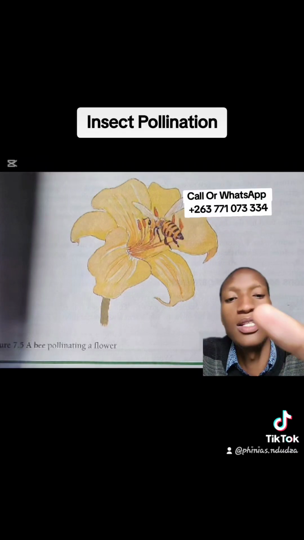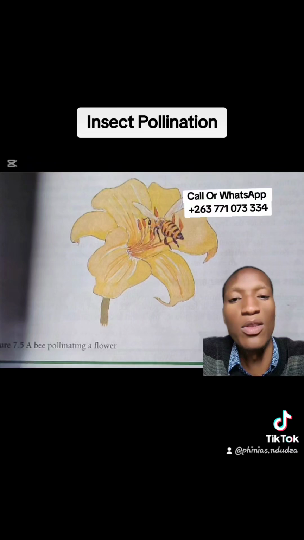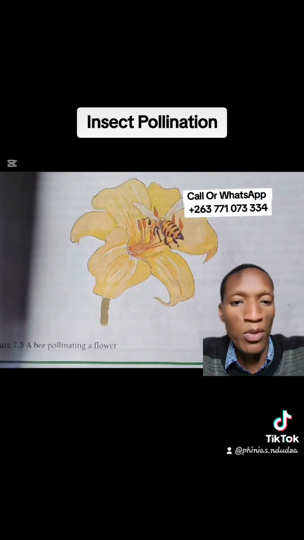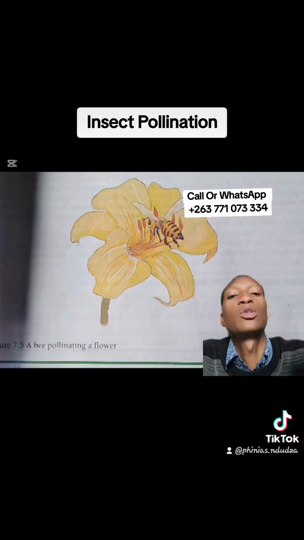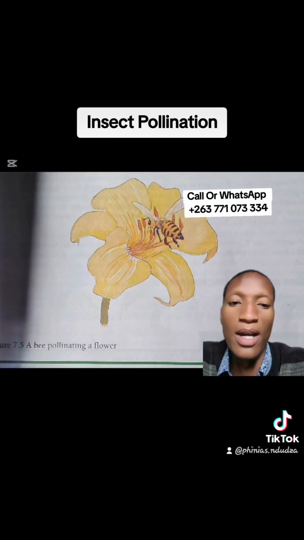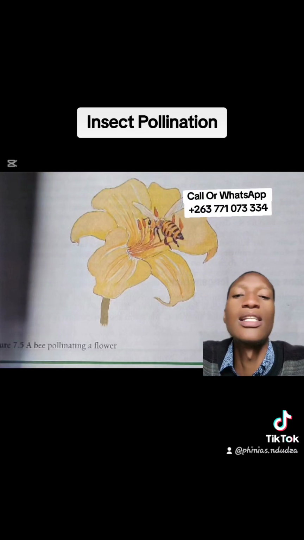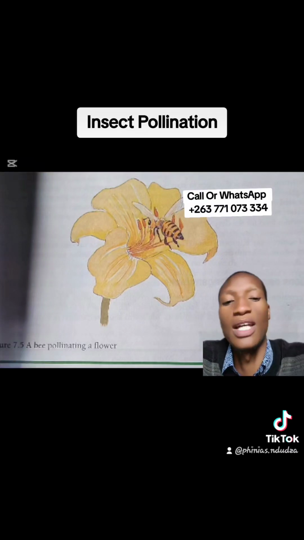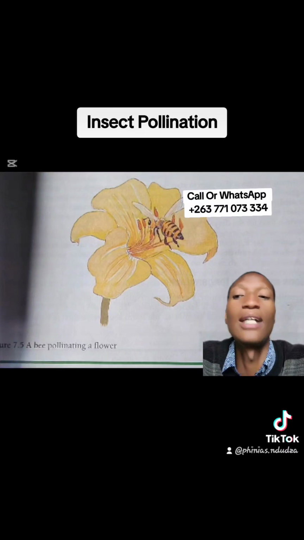A bee can transfer pollen grains from the anther of your plant to the stigma of the plant in your neighbor's yard. That is when we say we have cross pollination.